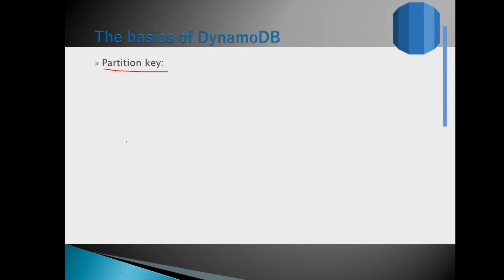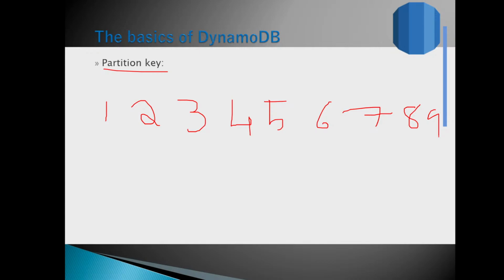So what Amazon DynamoDB does, अगर आप डेटा स्टोर कर रहे हो, लेट्स से आपने ये रोल नंबर दी है 1 2 3 4 5 6 7 8 9 और so on, अगर आपने ऐसा डाला है तो अमेजोन क्या करता है, जब डेटा स्टोर करता है it creates buckets, लेट्स से बकेट नंबर 0 1 2 3, 4 buckets.